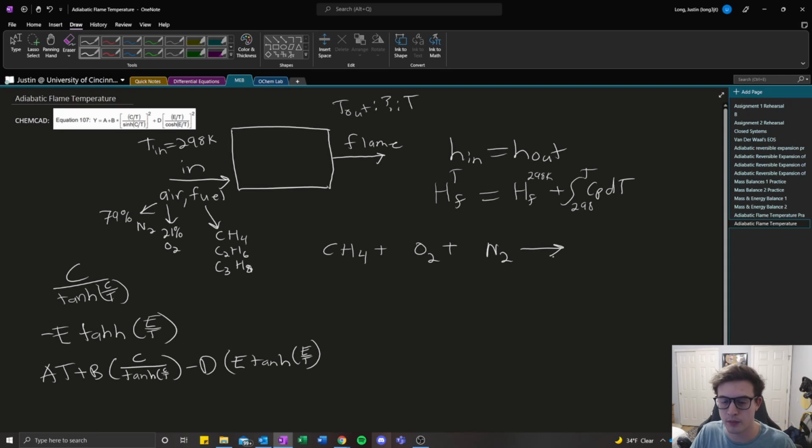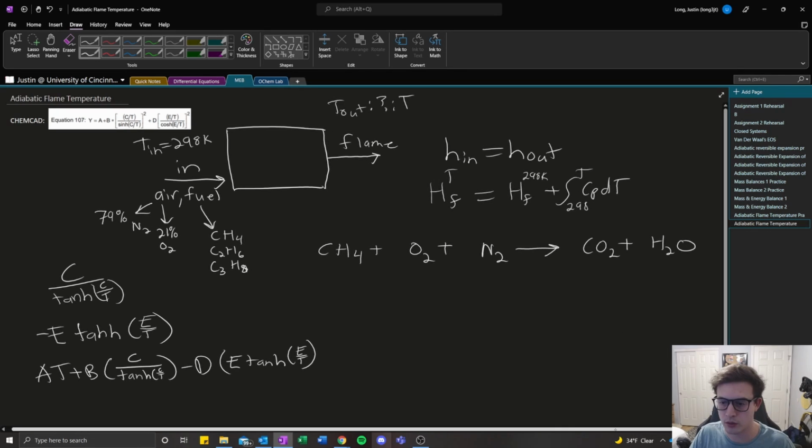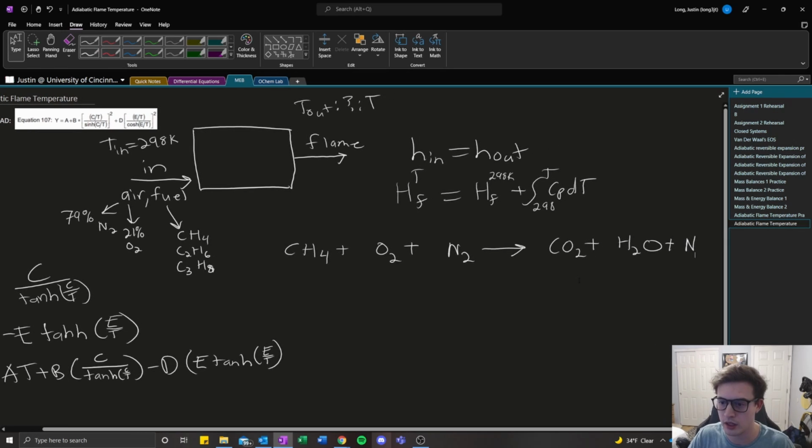And so this is going to yield carbon dioxide and water. But also we are going to have the nitrogen, because the nitrogen doesn't react with anything in this situation. So we're just going to balance this out here. We know that we are going to have 2 waters, and that is going to give us 4 oxygens, so we need 2 oxygens.